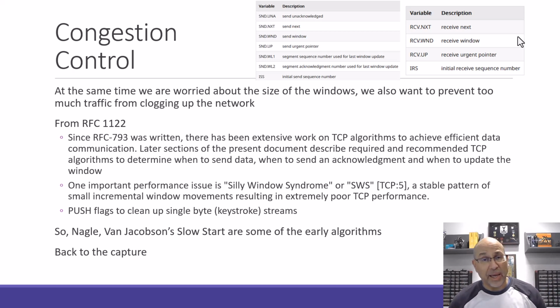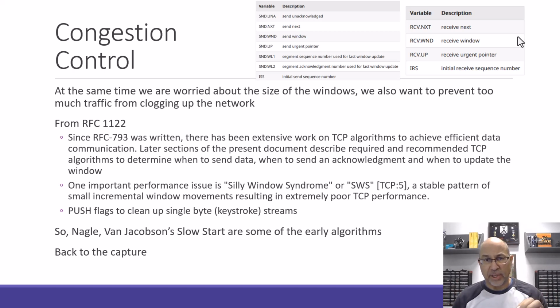So early on, there were a couple of algorithms that were used to describe what we should do about these behaviors. So Nagle and Van Jacobson's slow start are some of the early algorithms that control TCP operation. We don't just say acknowledge whenever you can, and we don't just say process data whenever you can. It's actually a little more controlled than that.